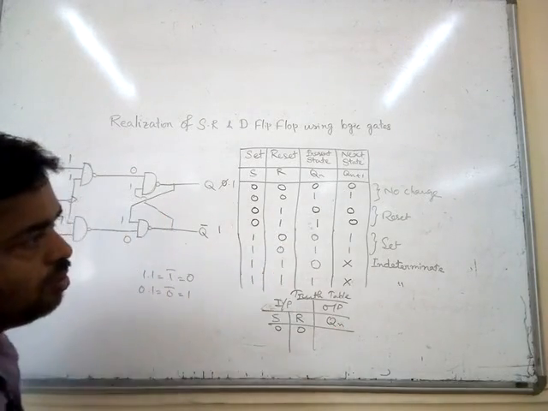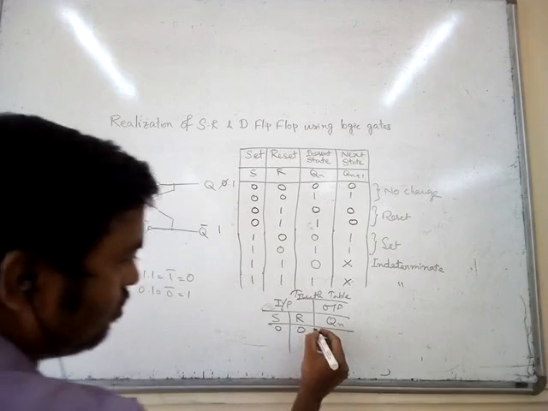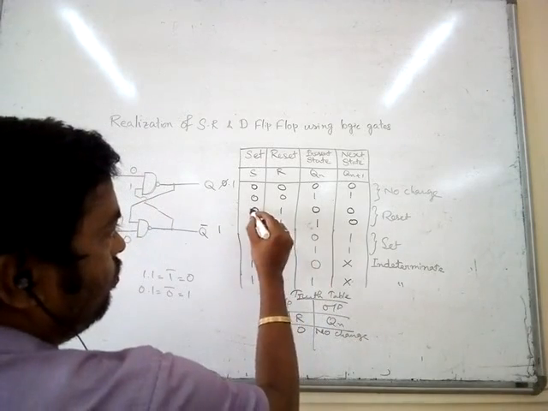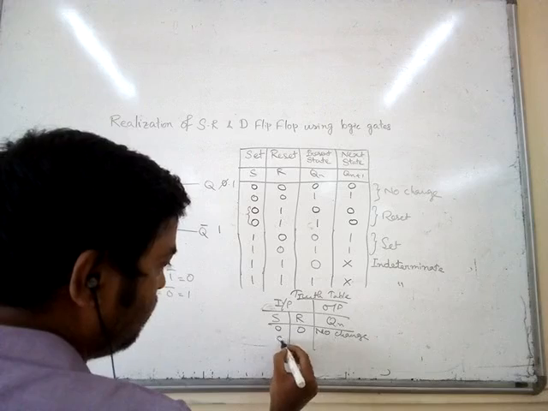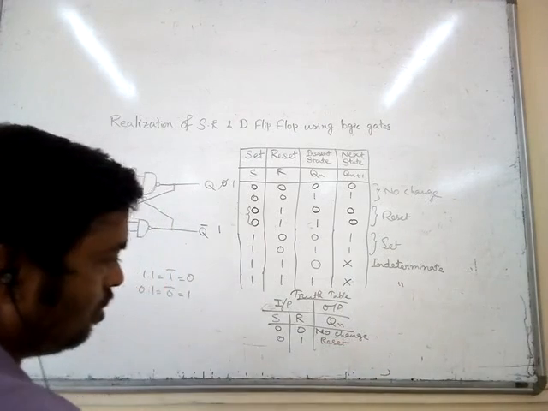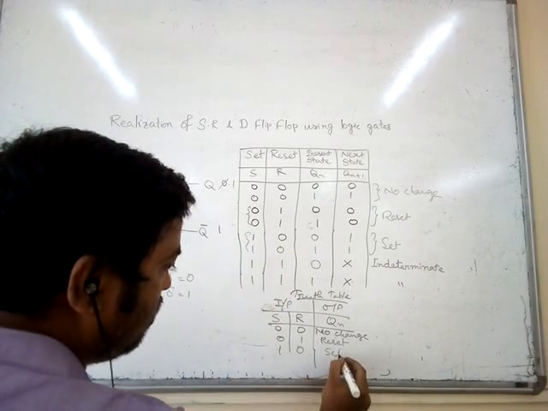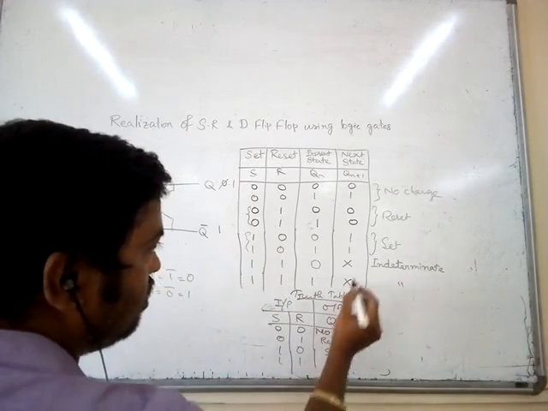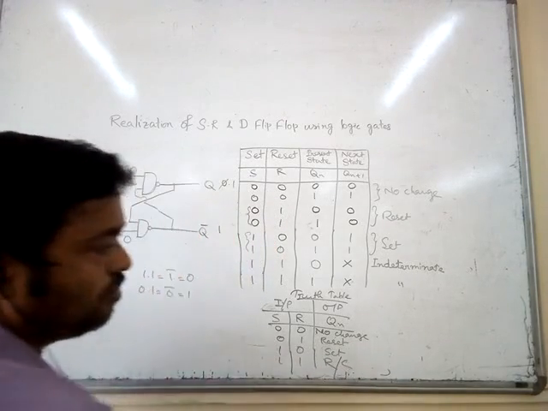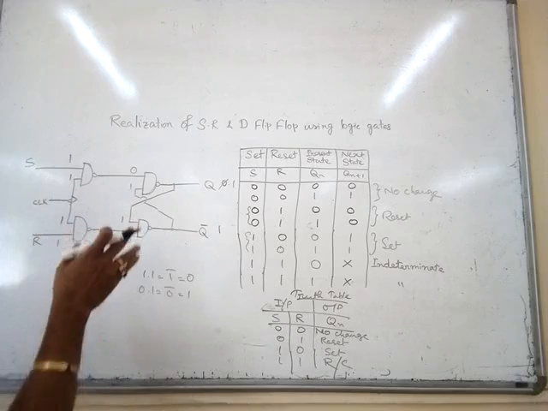For 0, 0 condition, we can see it is no change. For 0, 1 condition, it is reset. For 1, 0 condition, it is set, and for 1, 1 condition, it is indeterminate, so you can say it is race condition, RC. Why it is called race condition? Because we don't know which gate do the faster.